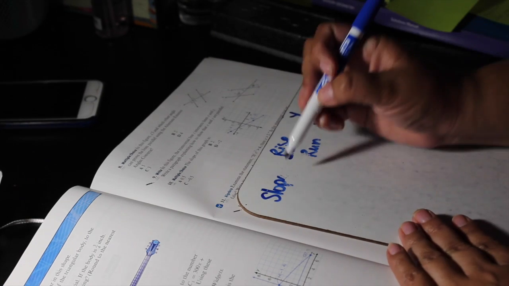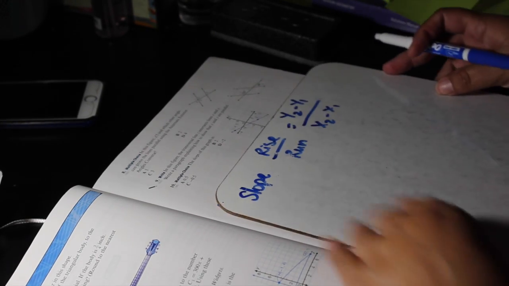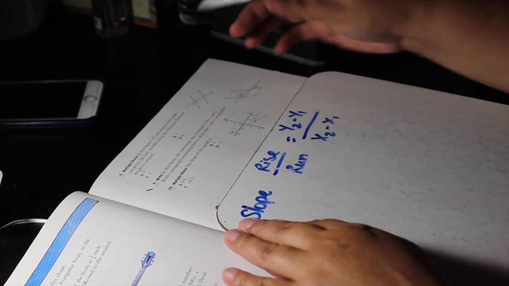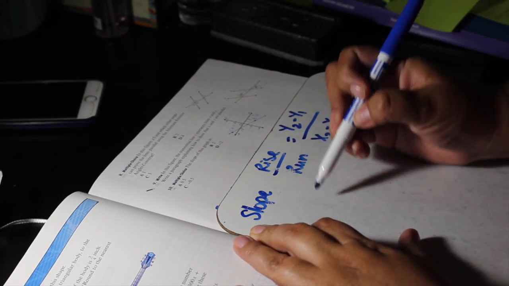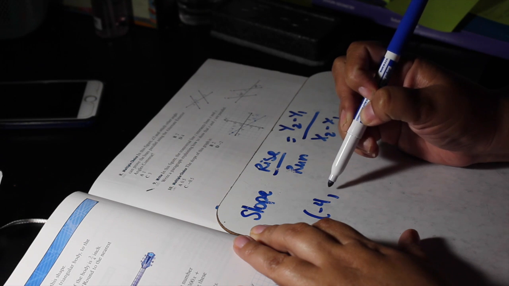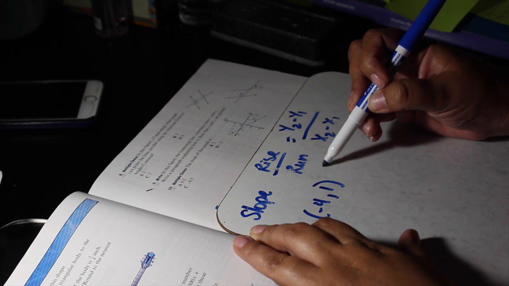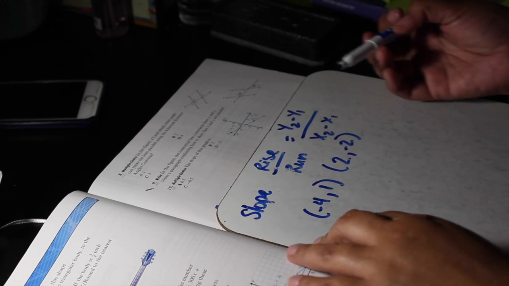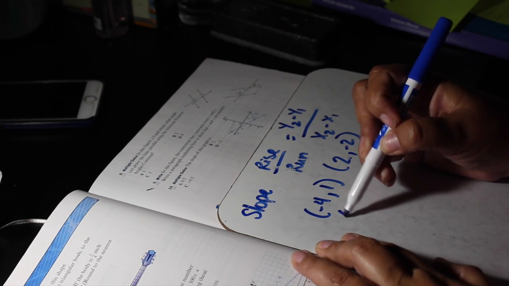So now we can plug in those numbers. So let's look at the two points that they gave us, which is -4 and 1 and 2 and -2. Okay, so let's go ahead and plug those in. So we're going to call this x1.